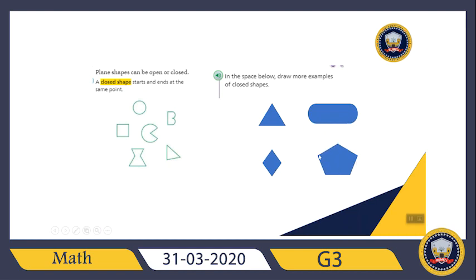This pentagon starts from here, goes here, and finishes at the same point. This diamond is the same also. Start and end at the same point. This is a closed shape. There is no ray in it. There is no open side on it.